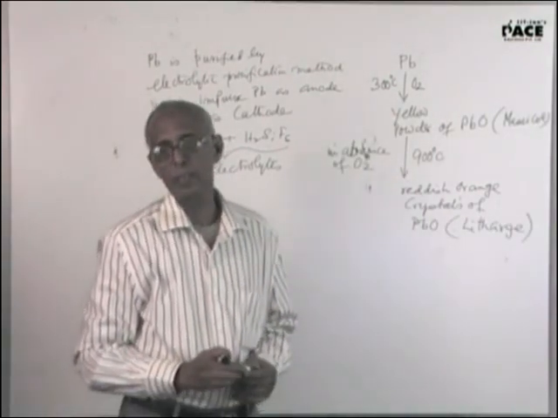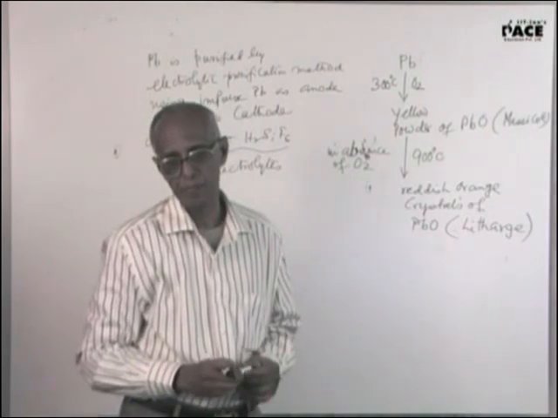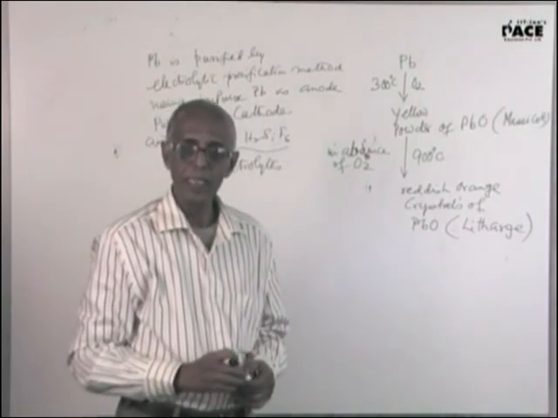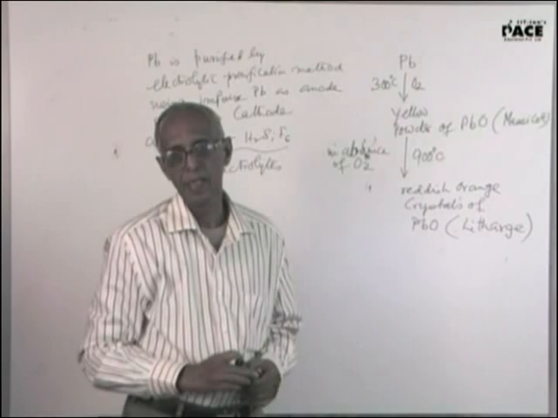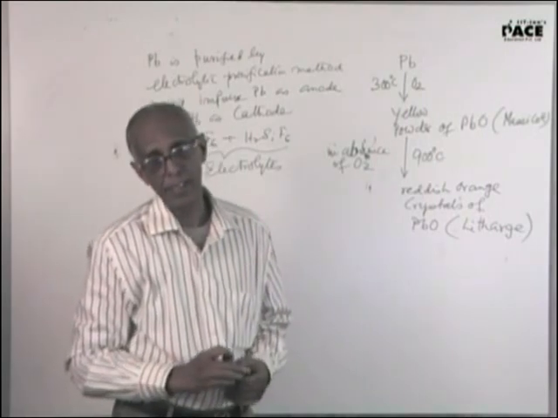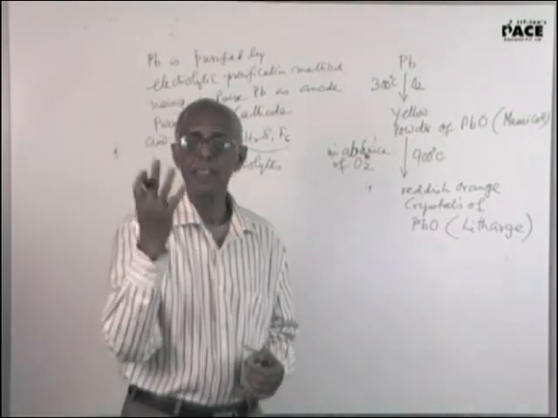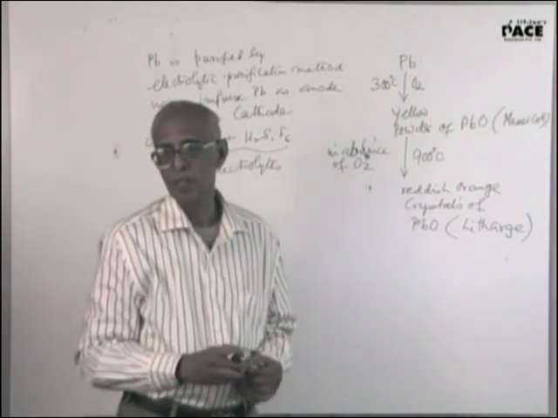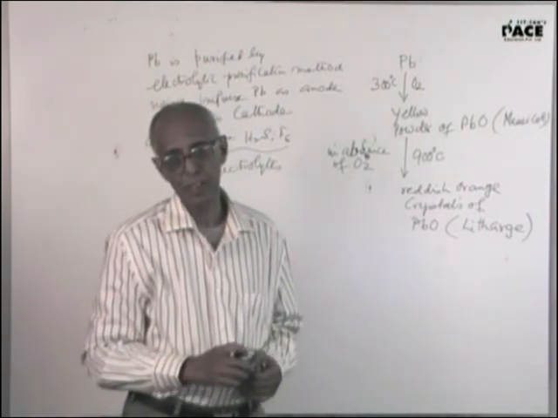There are 2 varieties of lead monoxide. When you heat lead with oxygen at 300 degrees Celsius, you get a yellow powder which is known as massicot powder.